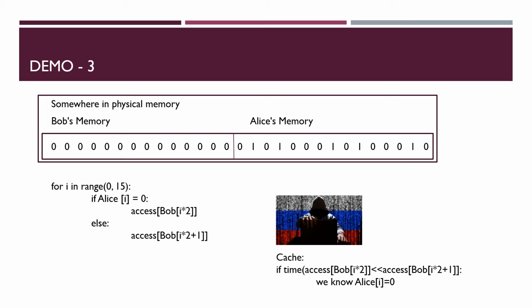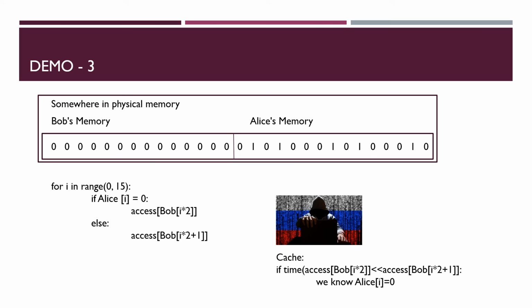However, if this were all encapsulated in an if statement that the microprocessor assumed to be true, then he would be able to actually access values in Alice's memory and use it to access different values in his own memory. And what this allows him to do is then check how long it takes him to access values in his own memory. And using this information, he can determine, based on which of his values have been cached, what the values in Alice's memory actually are.